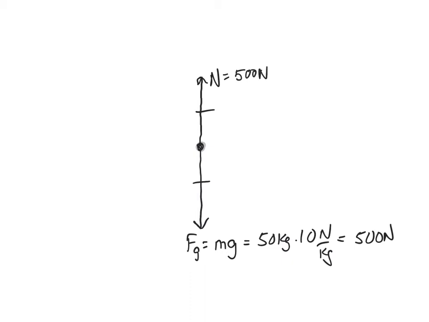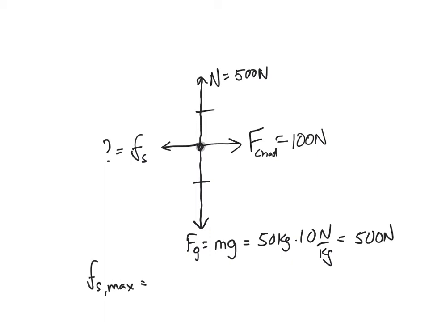Then you've got Chad's push. I'll draw that a little bit shorter there. Chad's push of 100 newtons. And you've got some friction, static friction we'll say, and we've got to figure out what that is. All right, so you've got a formula for the force of static friction max. It's mu s times the normal force.